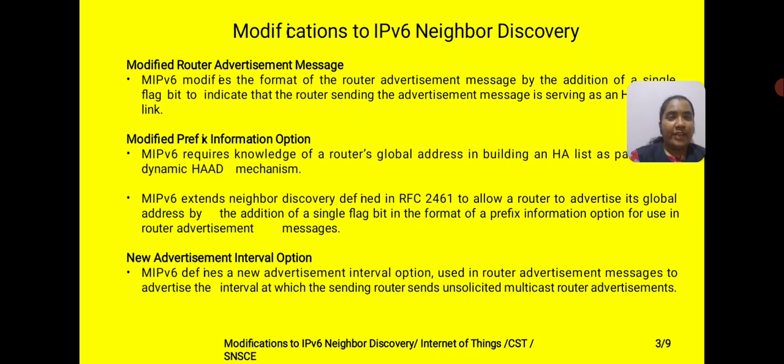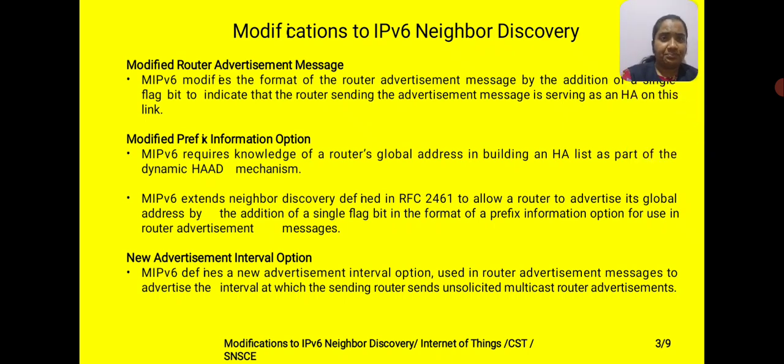Modified prefix information option: MIPv6 requires knowledge of a router's global address and building an HA list as part of the dynamic HAAD mechanism. MIPv6 extends the neighborhood discovery defined in RFC 2461 to allow a router to advertise its global address by the addition of a single flag byte in the format of the prefix information option for use in router advertisement messages.